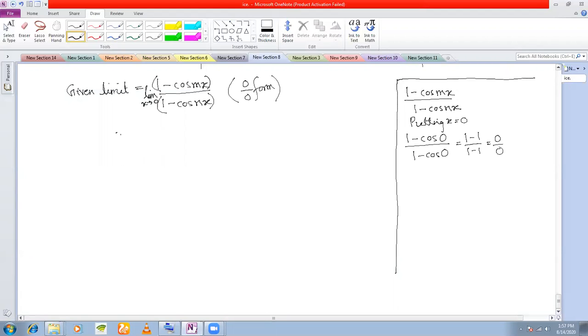So limit x tends to 0. Differentiate now d/dx of 1 minus cos mx over d/dx of 1 minus cos nx. This is by L'Hospital's rule.